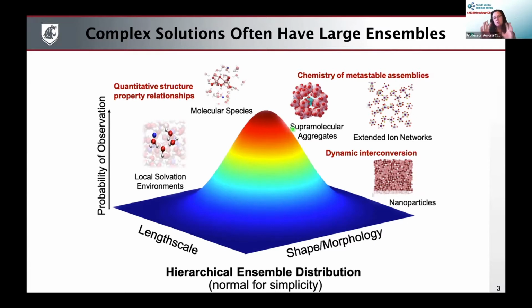If we have molecules that are capable of aggregating with one another, we might have supramolecular assemblies, or under concentrated solutions, we might have networks of interactions. And sometimes you can even have very large species, like nanoparticle type things. So the point is that there are many, many different molecular environments, and depending upon the complexity of the solution, the ensemble of all of the environments that are present can be quite large.